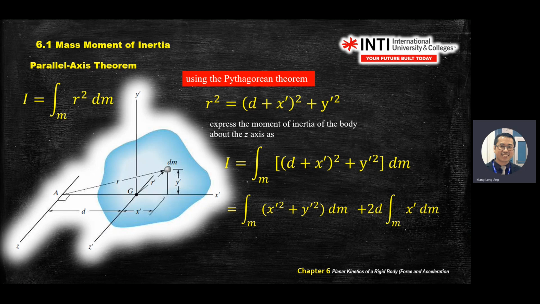This one you still can do, but you won't have enough time to solve questions in the final exam if you use this method. Right? So you will get x prime square plus y prime square dm plus 2d x prime dm from here. Combine this one and this one and this one. This one. x square.